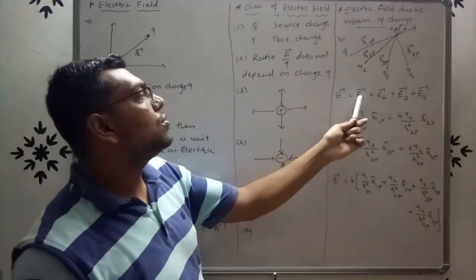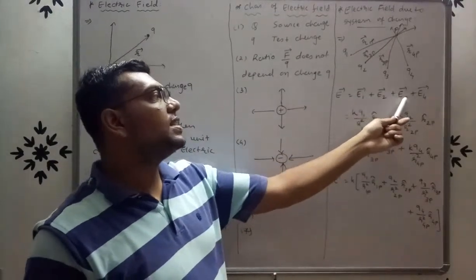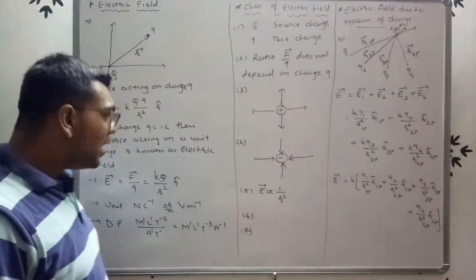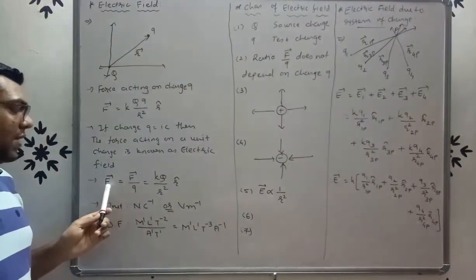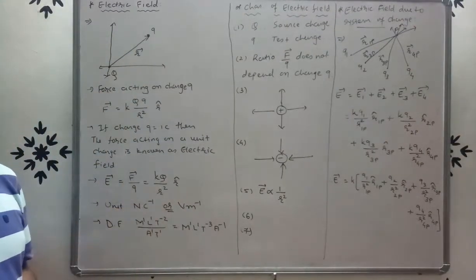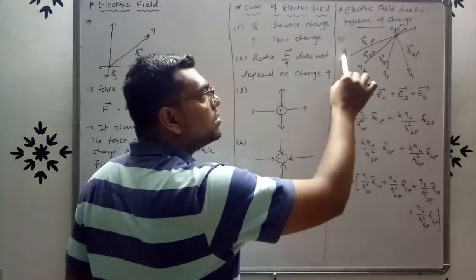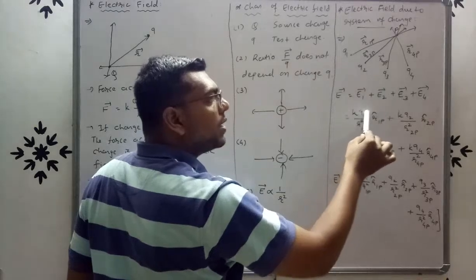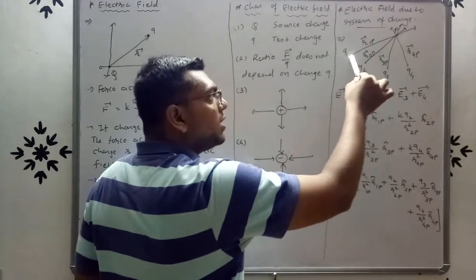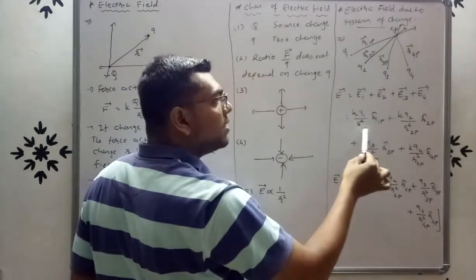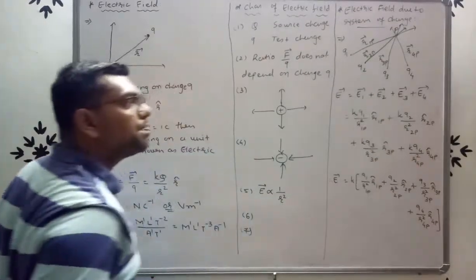Now we know that electric field E is equal to KQ upon R square. So E1, the field due to charge Q1, is KQ1 upon the distance between Q1 and P: R1P square, R1P cap.